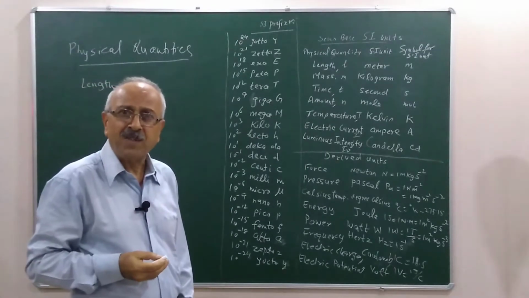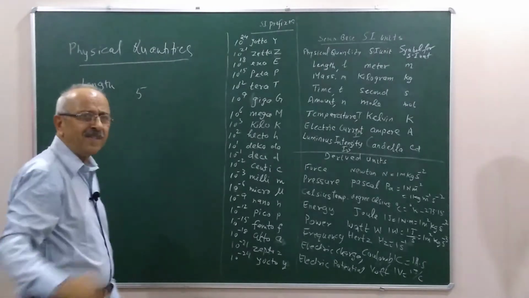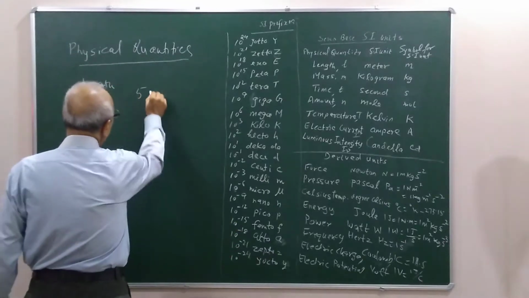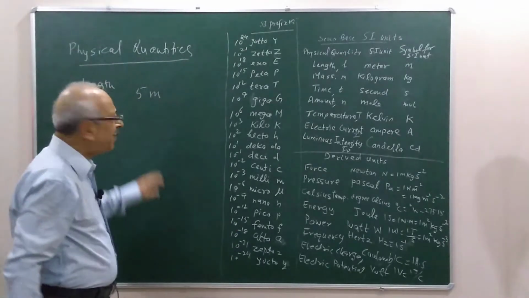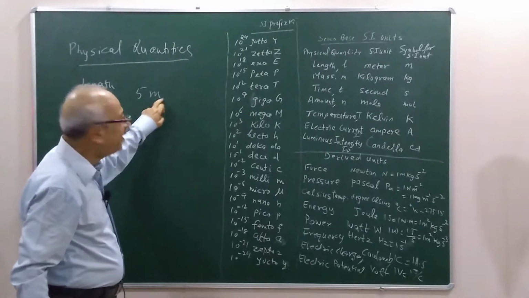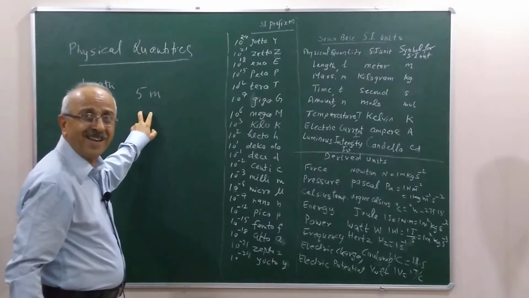If I write a number 5, it is incomplete and has no meaning. But if I write 5 meter, this means there is a value 5 and the unit meter.